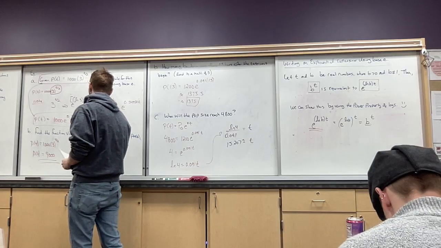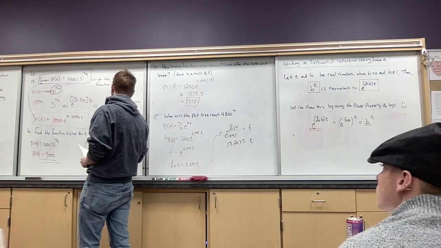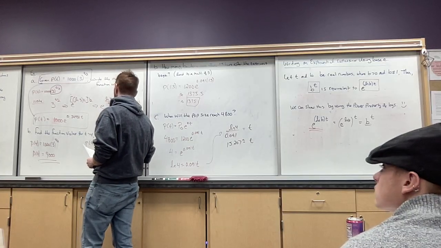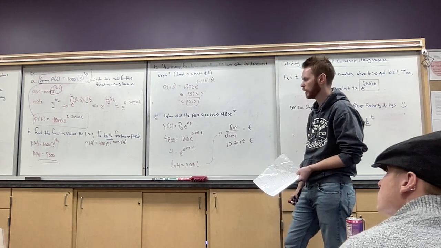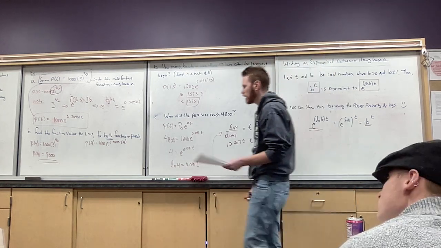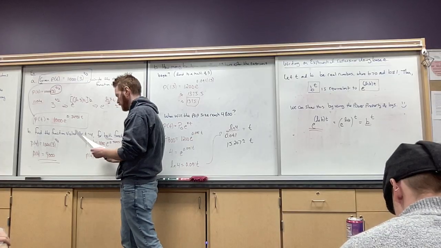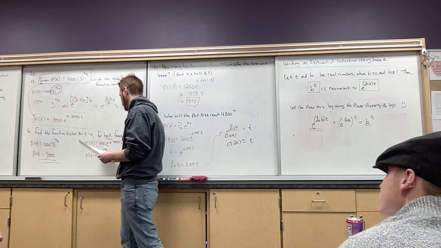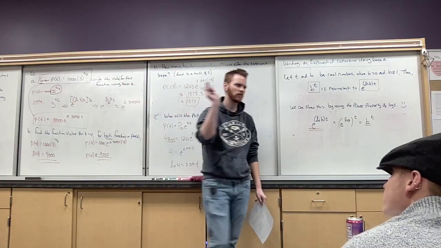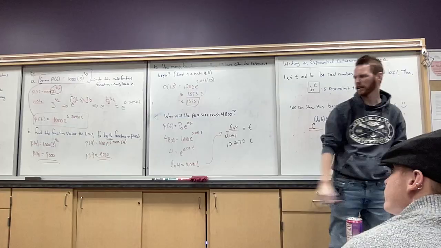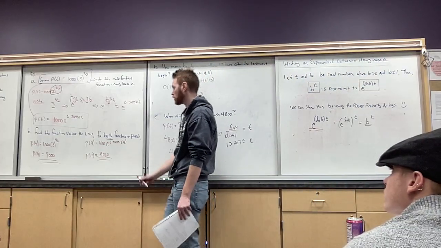P of 4 equals 1,000 e to the 0.54931 times 4. Type it in the calculator, and we get approximately 9,000. It comes out to 9,000.0000000, with a couple of values at the very end. So it's very close to the 9,000 mark. So it works.